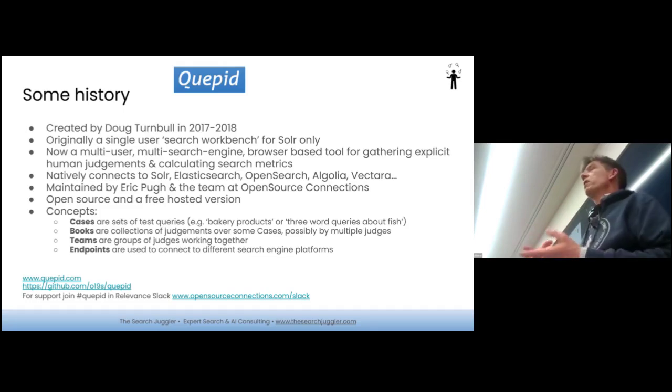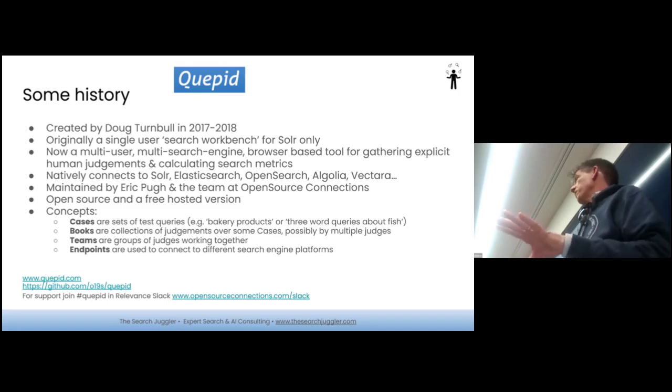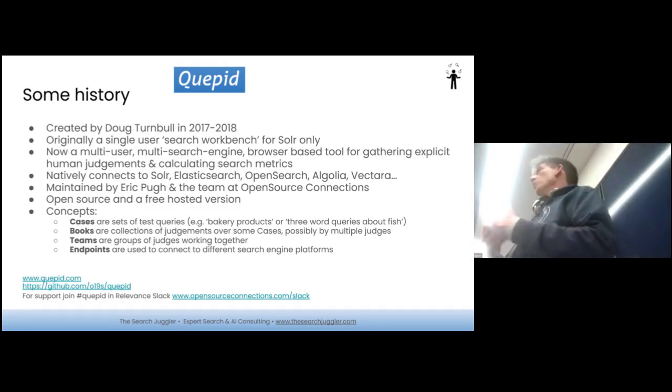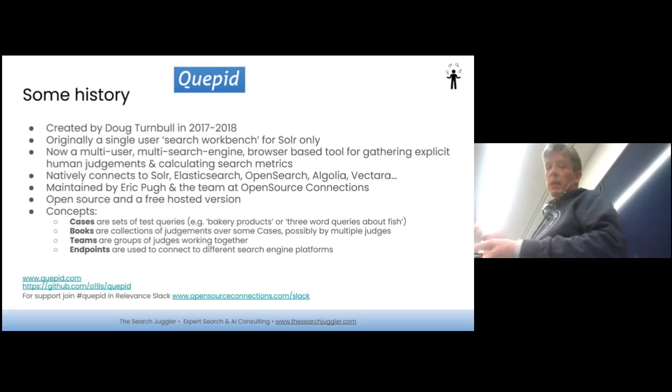So as of today, it works with Solr, Elasticsearch, OpenSearch, Algolia, and another one called Vectara that you may not have heard of. It's currently maintained by the OpenSource Connections team, led by Eric Pugh. And it's totally open source, but also there's an entirely free hosted version, so you can just jump on the Cupid site and start using it today. It was something that we used all the time at OSC for all of our clients.